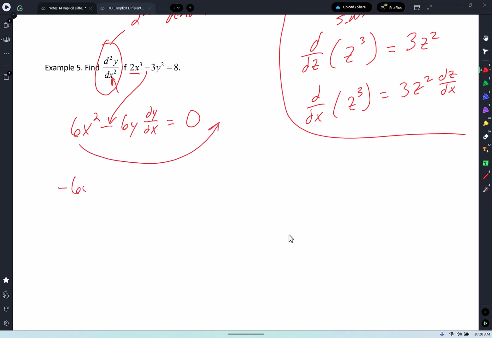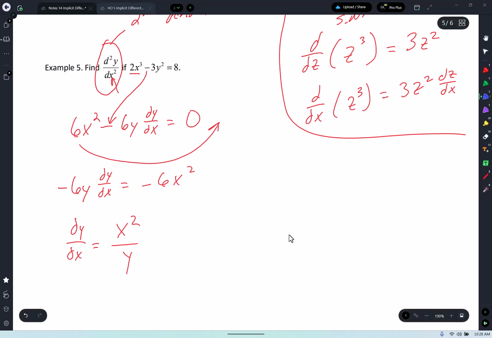So negative 6y dy/dx equals negative 6x squared. And I want to get dy/dx by itself, so I'm going to divide by negative 6y. Negative divided by negative is a positive. The 6's cancel out, and I'm going to have x squared over y. Are we okay? I'm going to get a different color.